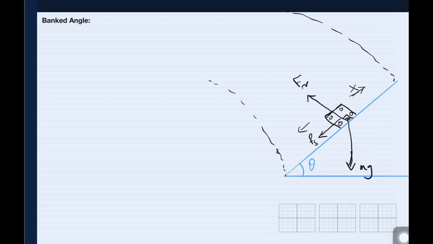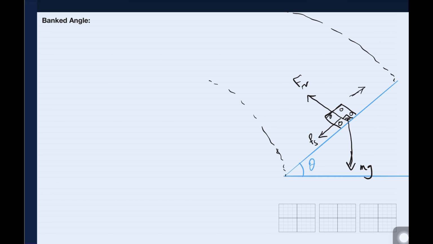So then I have these forces here. Because we have a curved track, there is always a centripetal force, which is a net force.